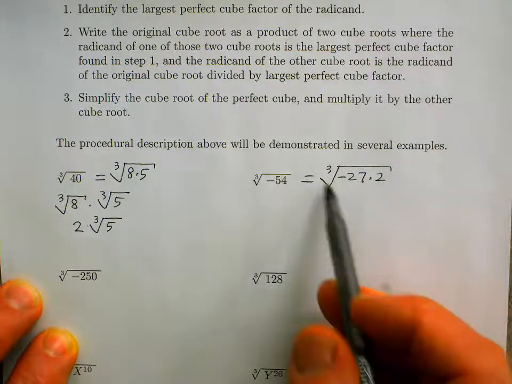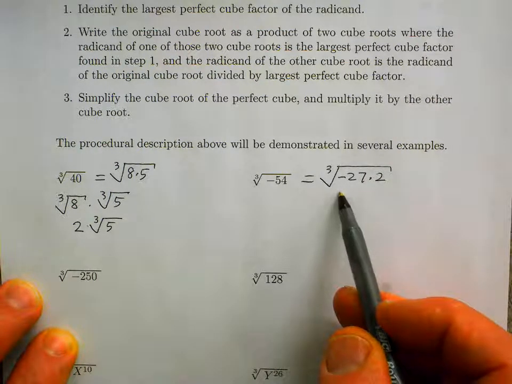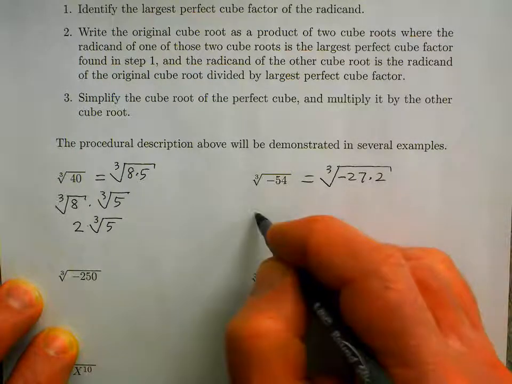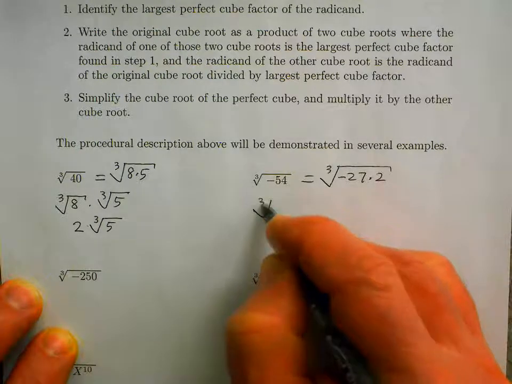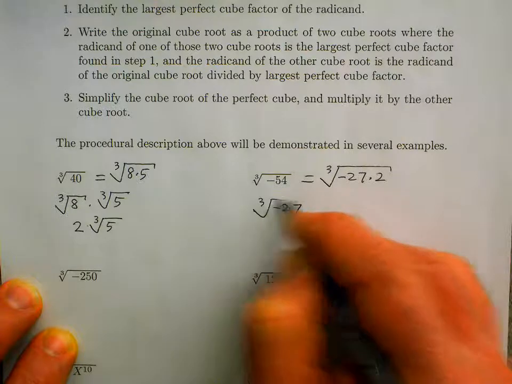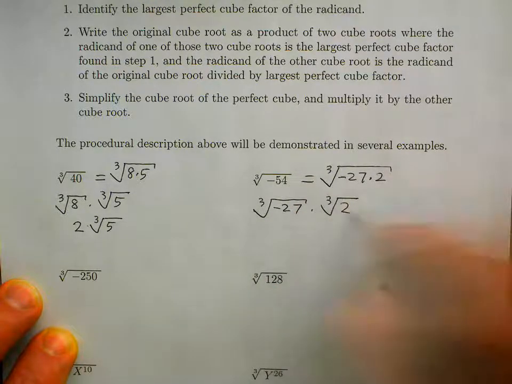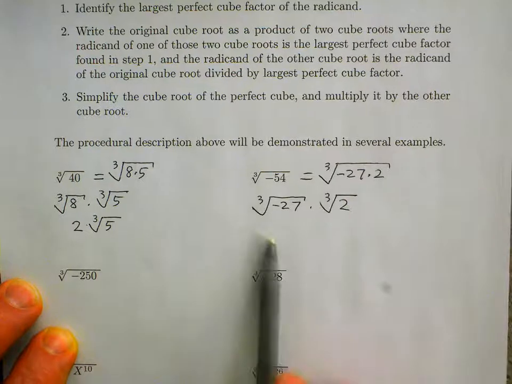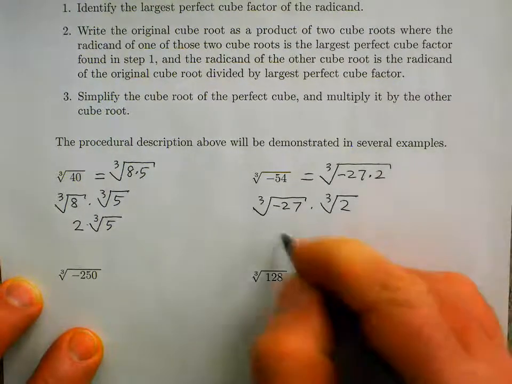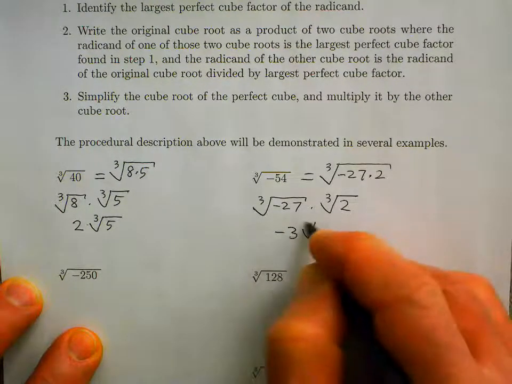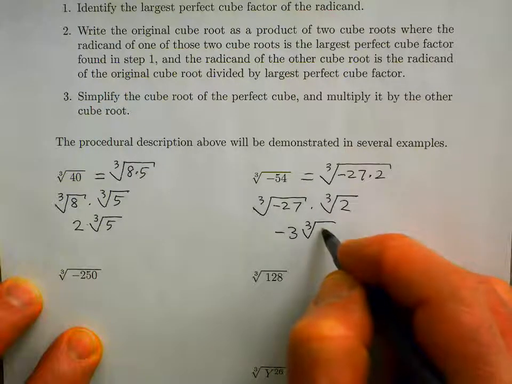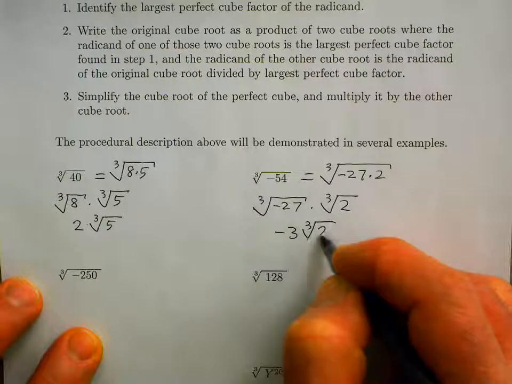And then the cube root of negative 27 times 2 is equal to the cube root of negative 27 times the cube root of 2. The cube root of negative 27 is negative 3. So our final answer is negative 3 times the cube root of 2.